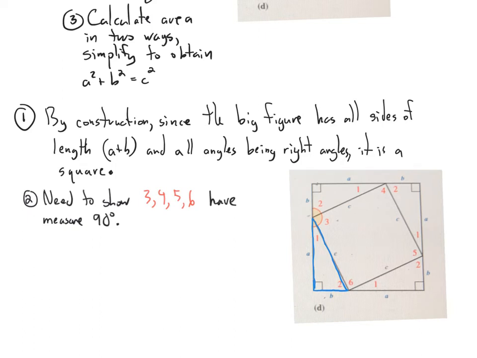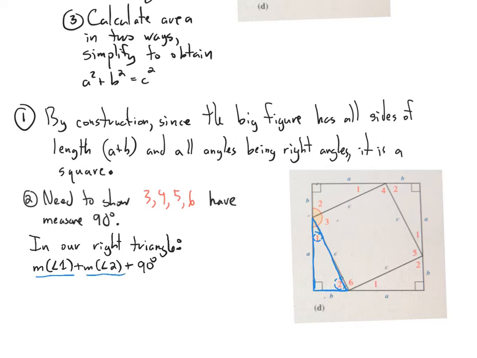So in our right triangle, we know that the measure of angle 1 plus the measure of angle 2 plus 90 degrees has to be 180 degrees since it's a triangle.